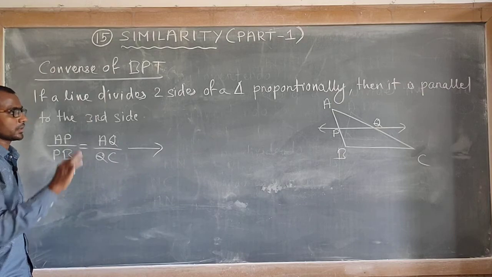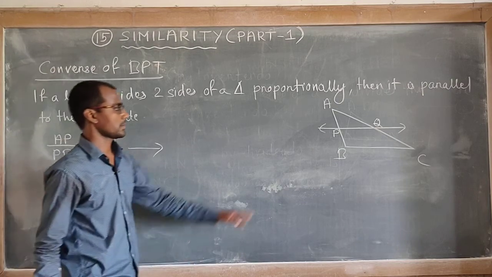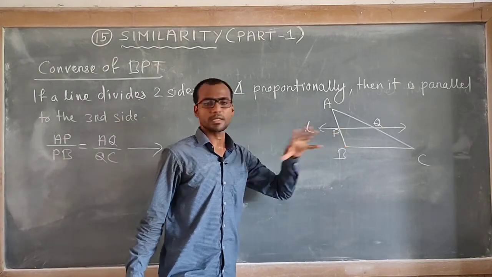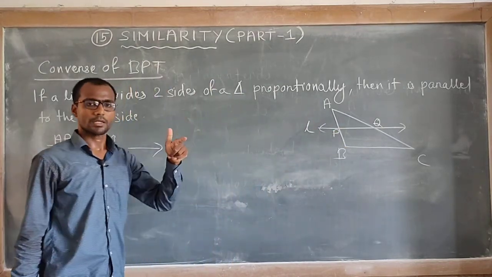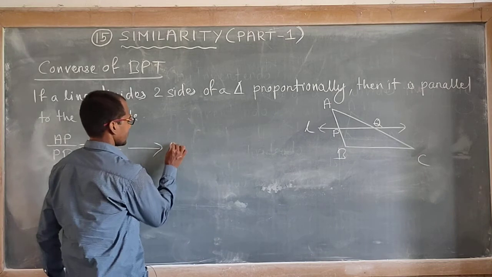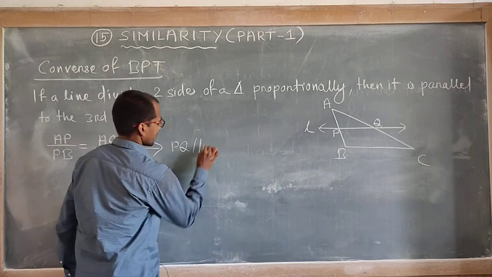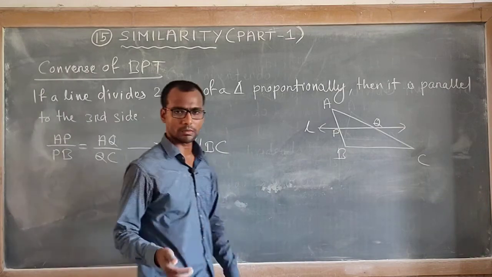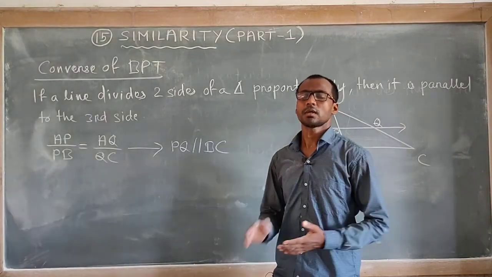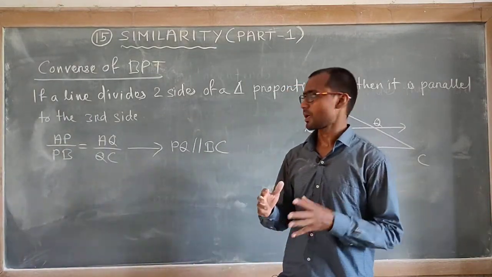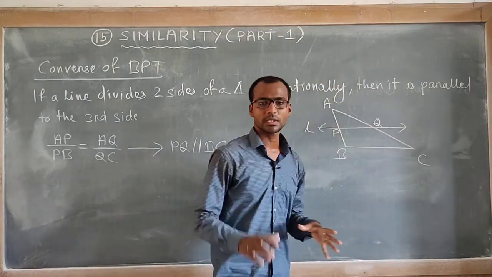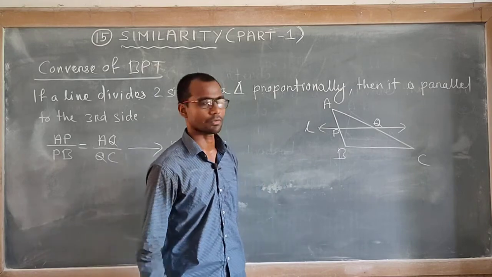That means this line, suppose this line is L, divides AB and AC in the same ratio, then it will be parallel to the third side. Then we can say PQ is parallel to BC. I am not proving this. It can be proved using the SAS postulate. You will have to prove similarity between triangle APQ and triangle ABC. I am not proving because you don't need it.